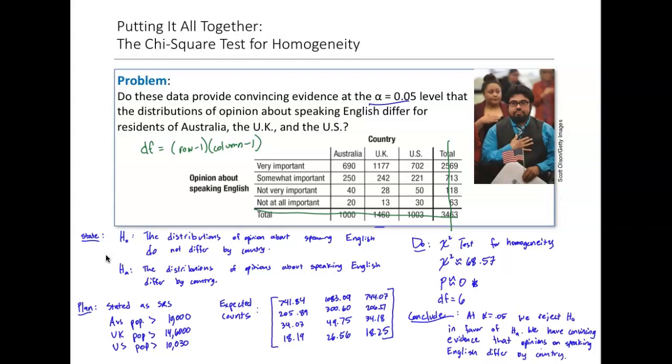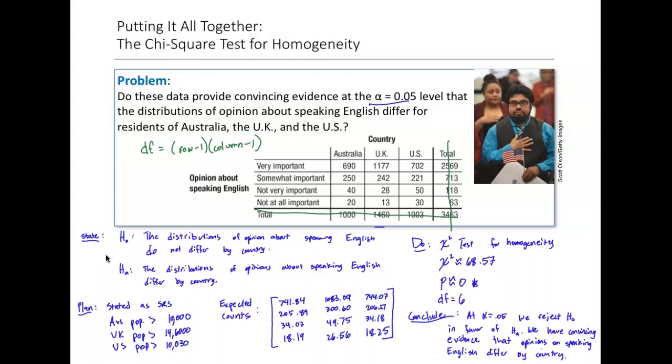And this is where you would want to do a follow-up analysis because we're comparing 3 different countries in this case, and they don't all have to be different. So we would want to say, okay, what are the most extreme differences? And the way you can do that is go in and take a look at your observed counts and compare those to your expected counts. So where are the most extreme differences in observed versus expected?